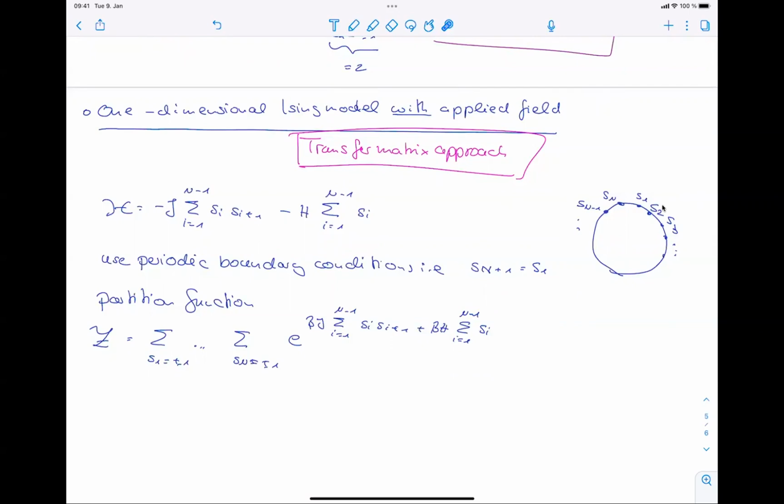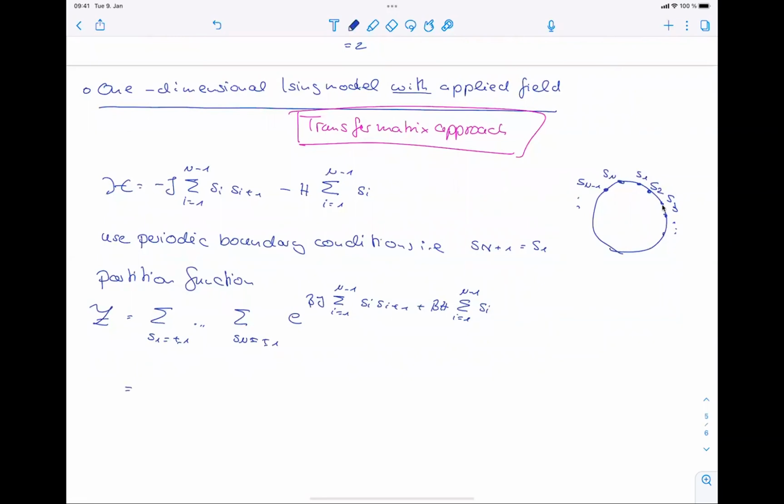So I kind of want to symmetrize this exponent. The way I can do this is to write this as minus 1.